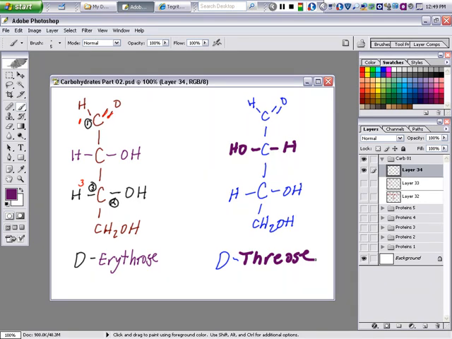Depends on what carbon, if it's R or S, because something like glucose, some of the carbons are R, some of them are S. But if I ask you the question, the carbohydrates in your body, are they D or L? D. They're all D because that highest numbered chiral center is always R configuration.